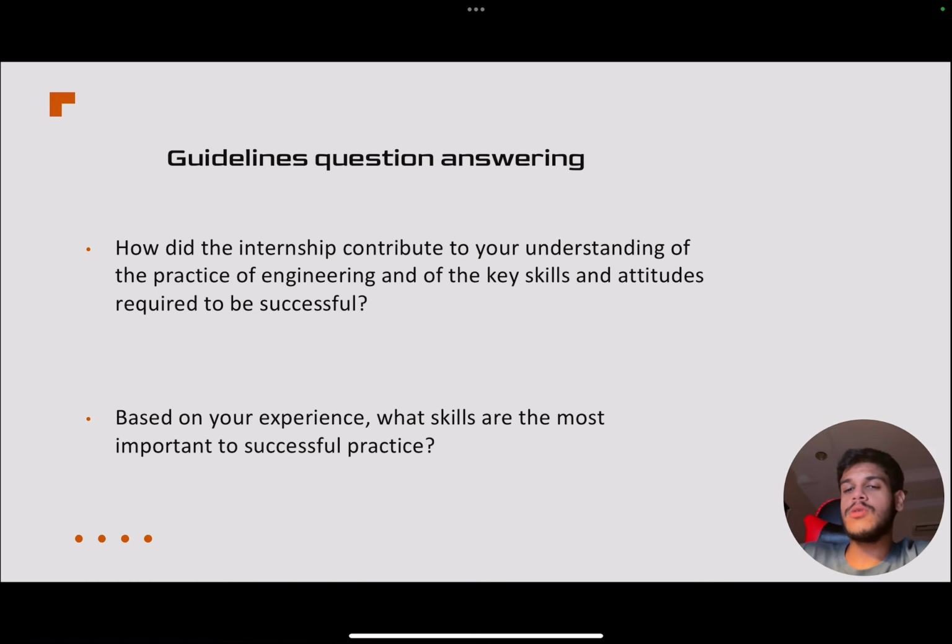The second question: based on your experience, what skills are the most important for successful practice? I believe good knowledge of the electrical engineering major courses.